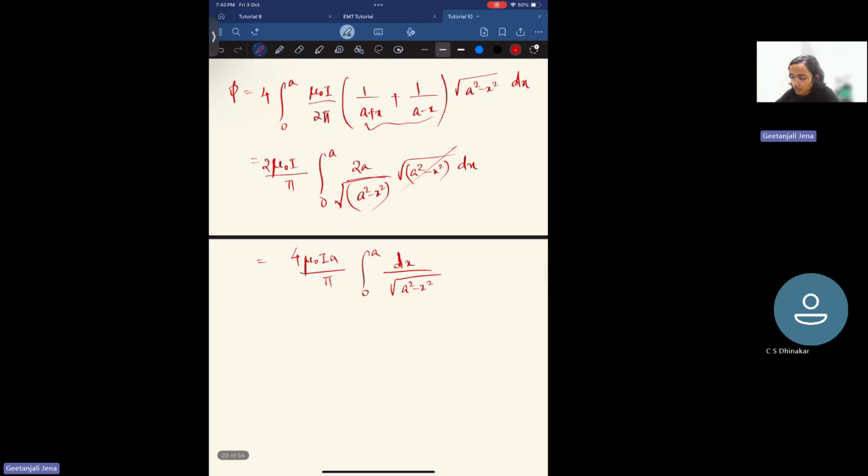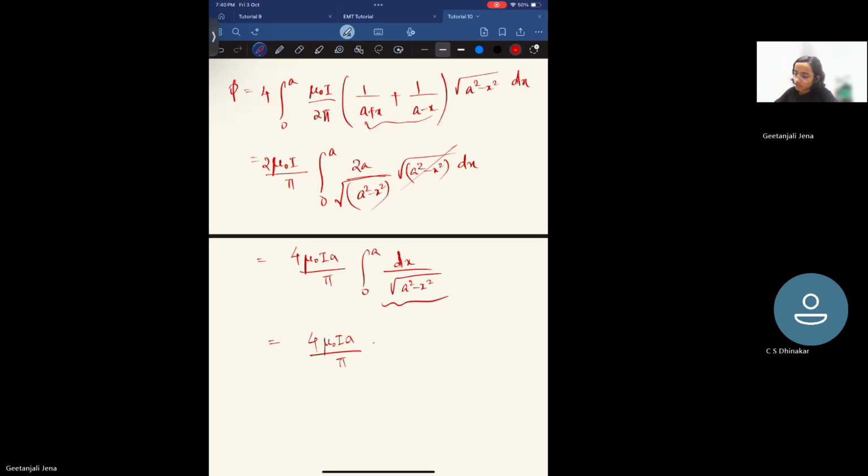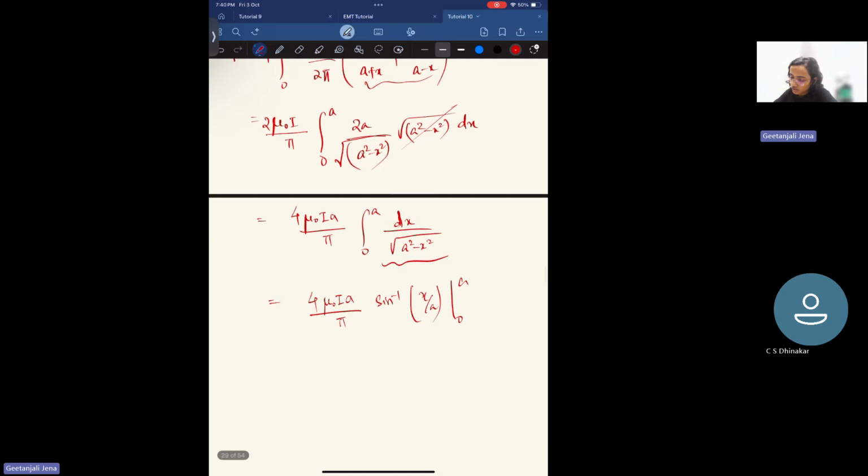We know the value for this integration. It is nothing but sine inverse x by a. So 4 μ0 I by π, sine inverse x by a from 0 to a.